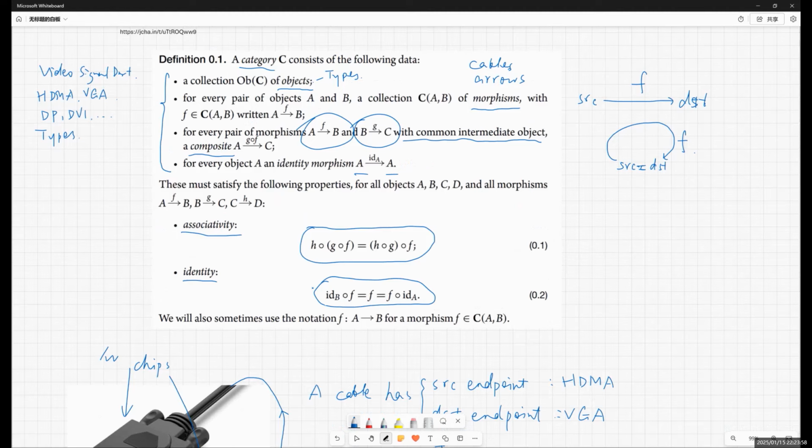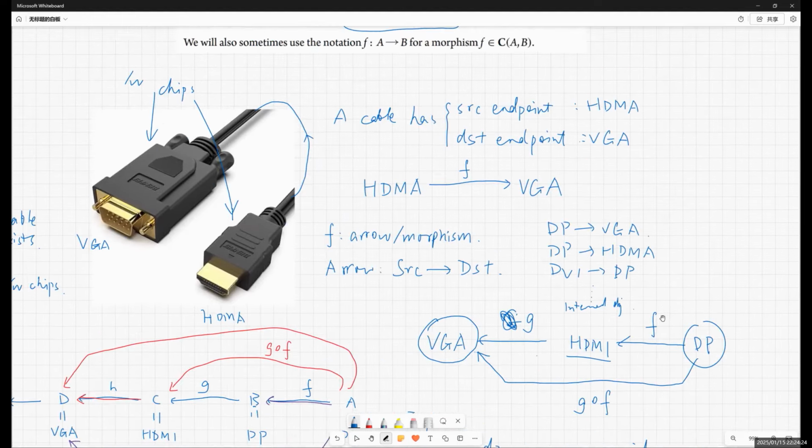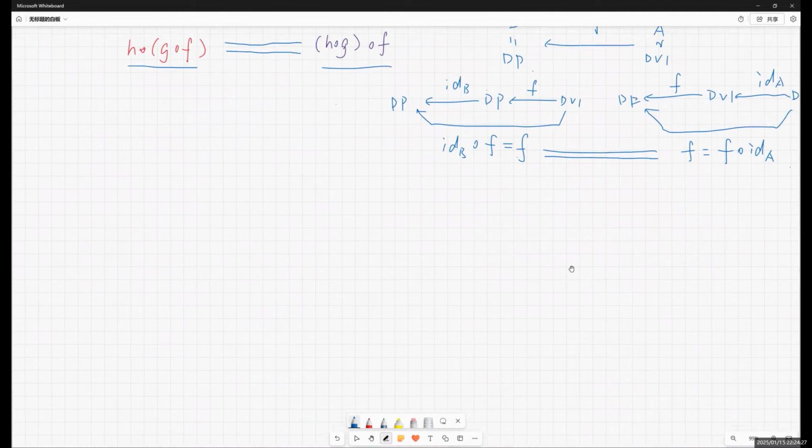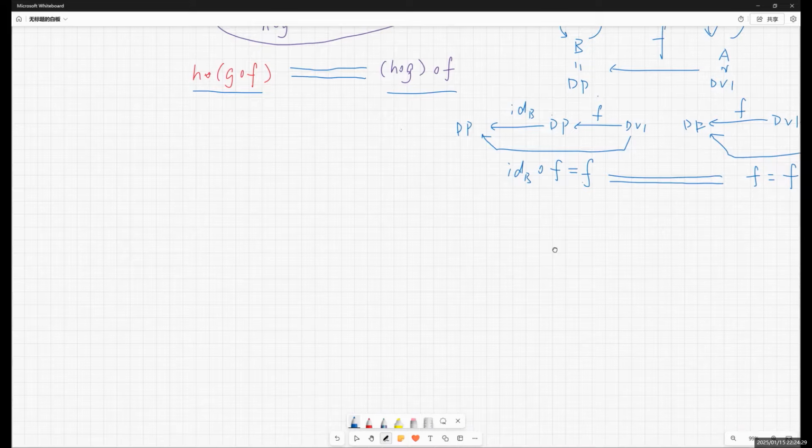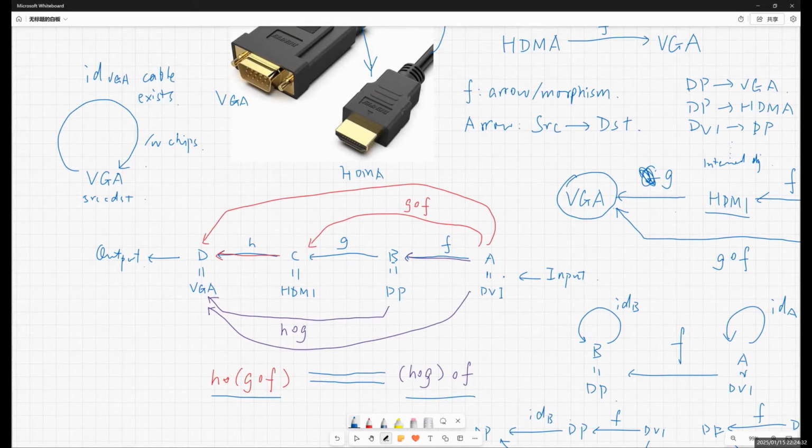Then it concluded our example of the composition of video signal cables from one type to the other. This is not like how mathematics talks about, right? But if you understand linear algebra, we can convert this example into linear algebra.